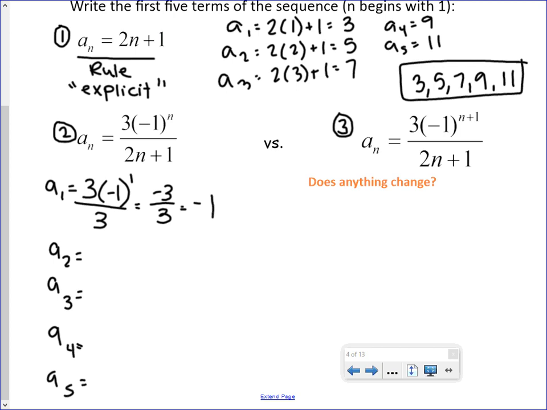And then you actually have to plug 2 in. What is the thing that's going to be the second term? Remember to move on to sequence number 3 once you get done with sequence number 2.